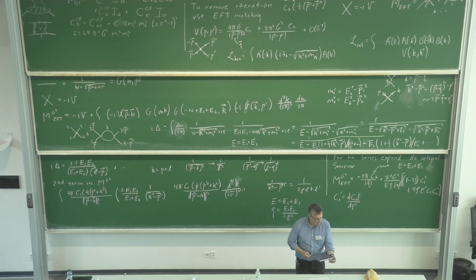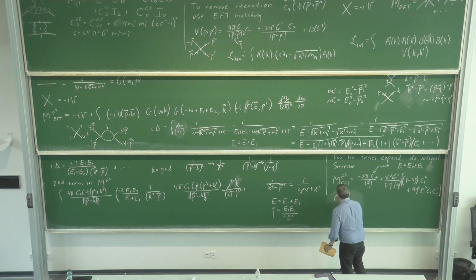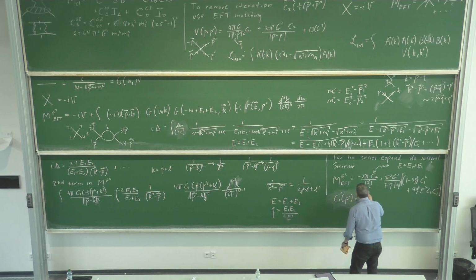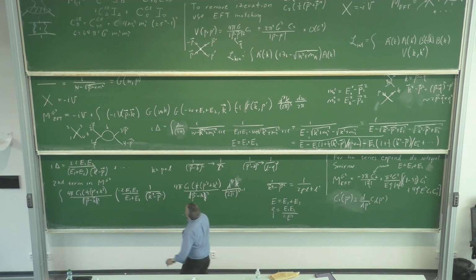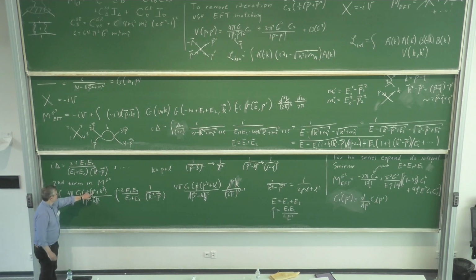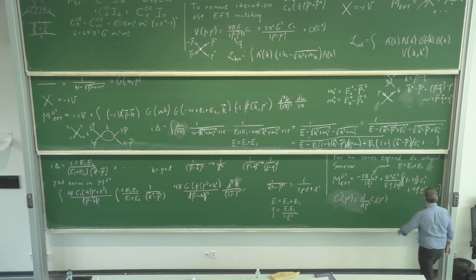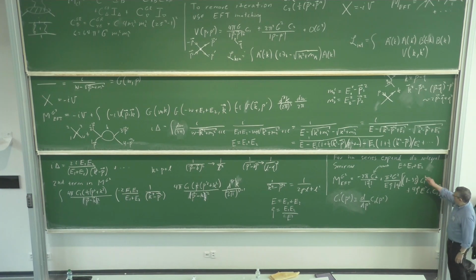So C1 prime of P squared, by definition, is d by dP squared of C1 of P squared. Where did this thing come from? Well, I have to series expand. There's C's, and I have to series expand basically one more power in Q. That's where this derivative came from. Now, these are known functions. C1 is known. All of this is known.